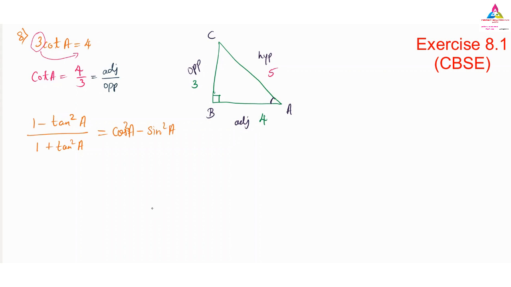We have to prove this. So here what are the things there? Just we will see. First we have tan square A, then we have cos square, then we have sin square.